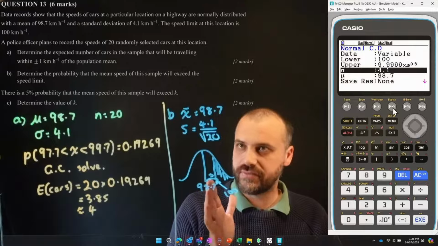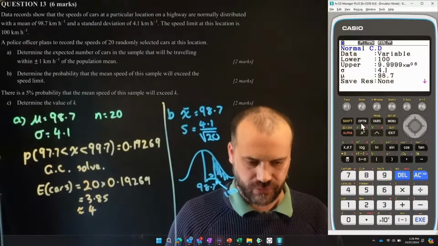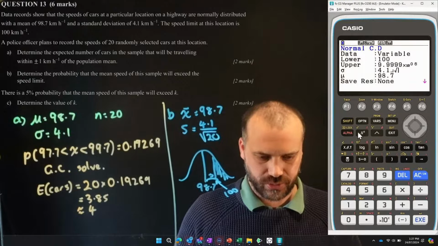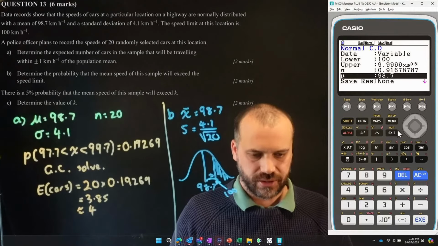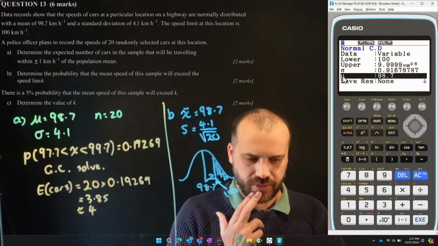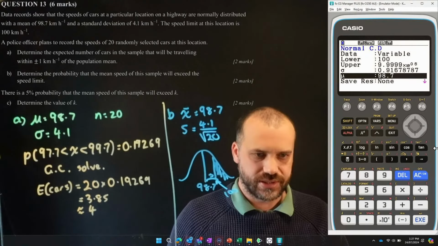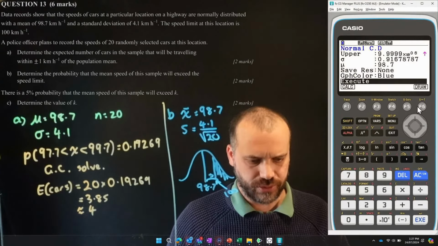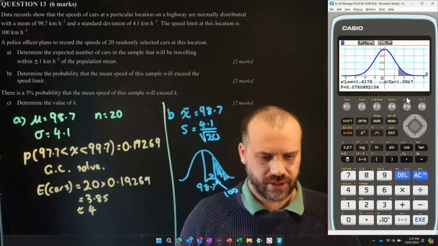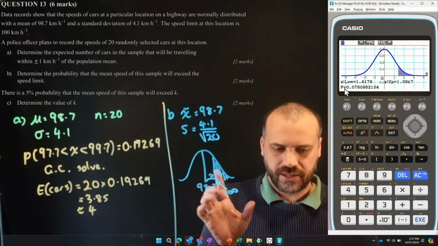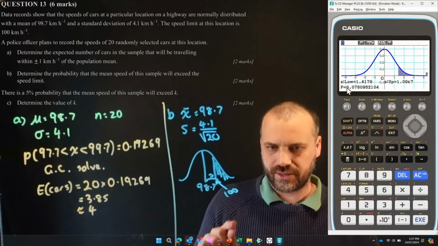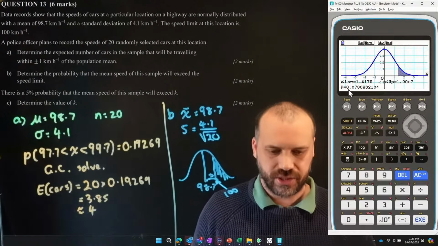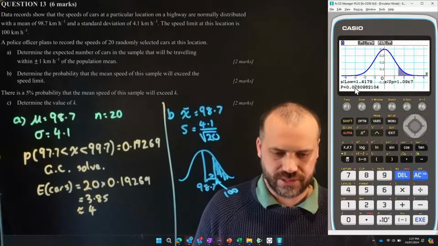Okay, the standard deviation here is going to be equal to 4.1 divided by shift the square root of 20. Okay, and then what have I got here? 98.7, same deal. Let's scroll down and we'll draw it. Okay, and we get this here. The probability that the sample mean will be larger than 100 is equal to 0.078.